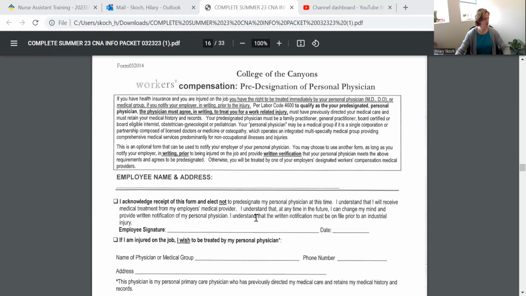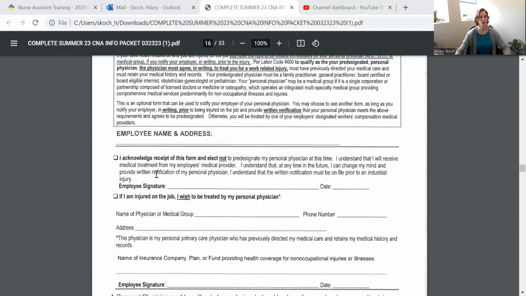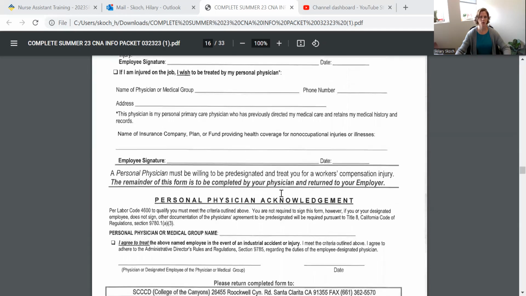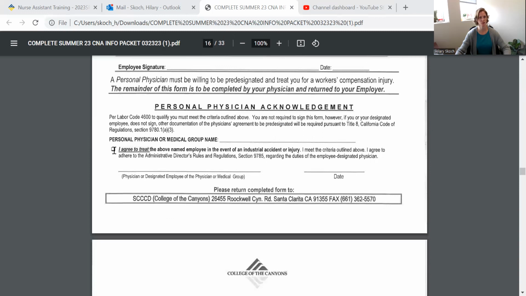So this is if you're injured at school or at clinical, you can either elect to not pre-designate your physician at this time. So you can check this and then you would sign here if that's what you wish. Or you can elect to use your personal physician, which in that case you check here and you and your doctor sign this out here. Your doctor signs here and the doctor dates here.